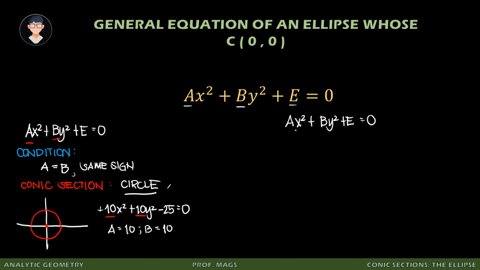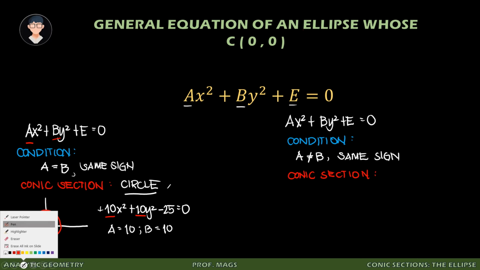What about the condition here? And the condition here, if A is not equal to B, but they have the same sign, the conic section that we're going to form is the ellipse.